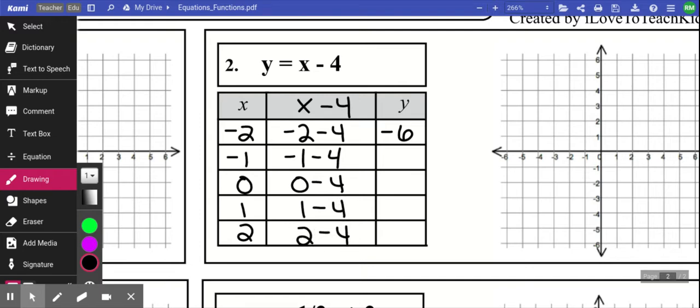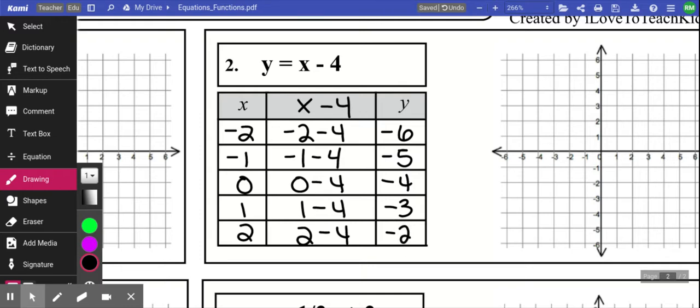Okay, so -1 minus 4 is going to give us -5. This will give us -4. 1 minus 4, I mean, you could use this over here. We start at 1 and we subtract 4, we're going to get -3. And the last one will be -2.